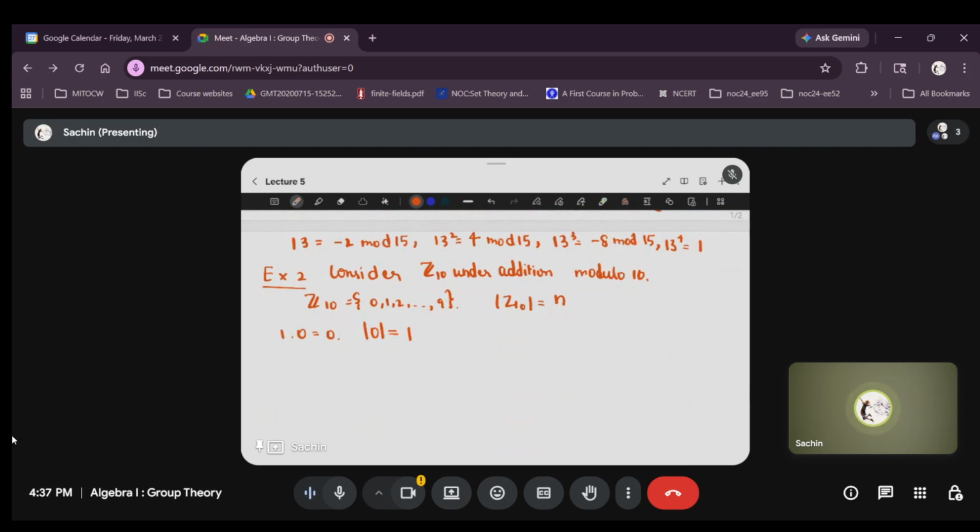Here Z10 will have 10 elements, and the order of 0 is 1, that is okay. What is the order of 1?